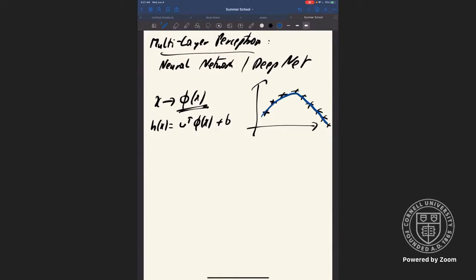Terrific. So if you had a clever way of coming up with this, you could come up with these features. But what Frank Rosenblatt is saying is actually, I have a really good idea. I came up with this perceptron.